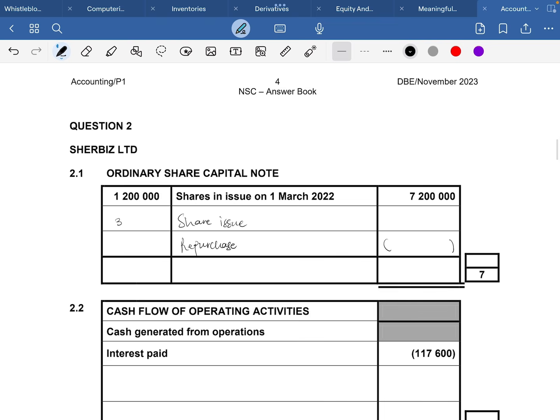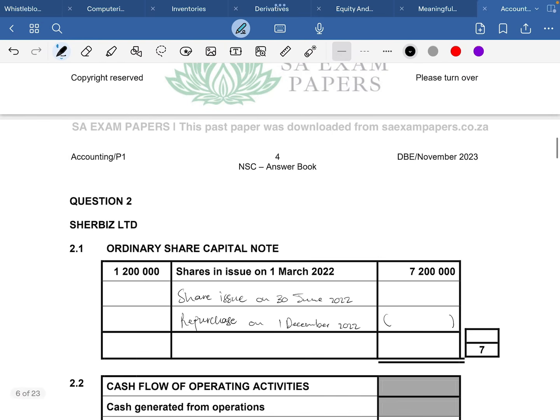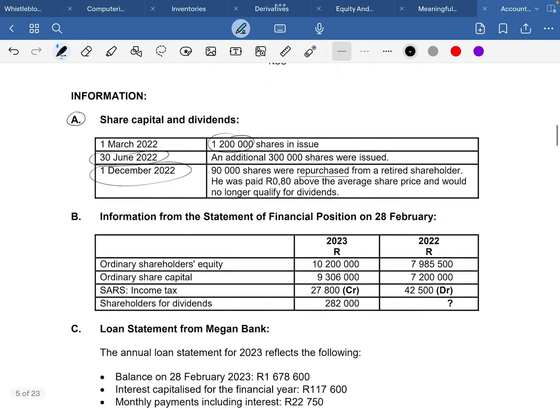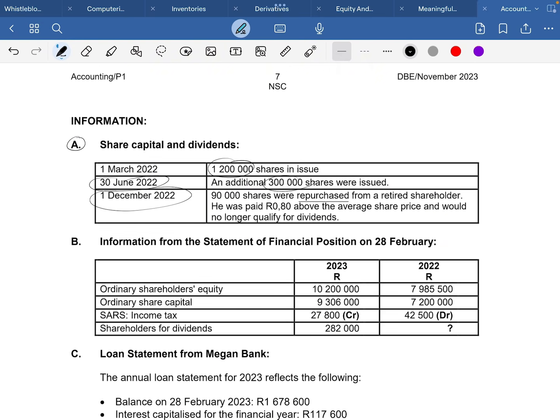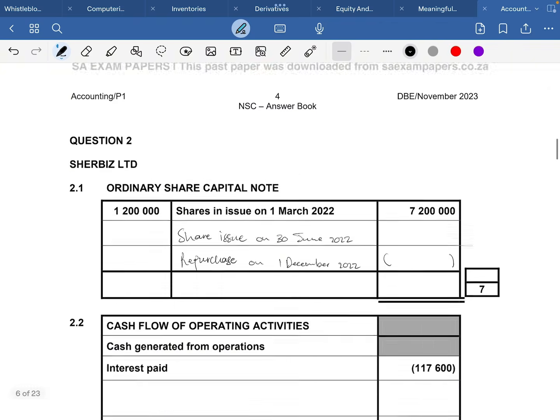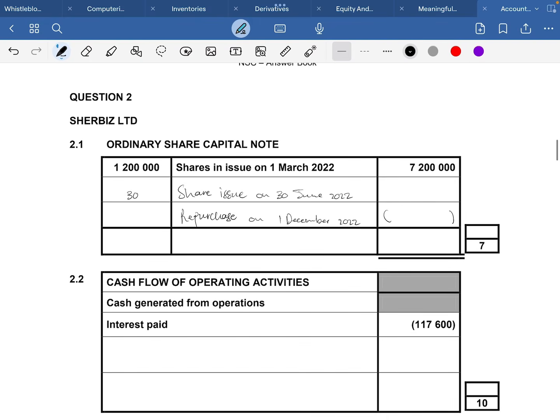So it's on 30 June 2022 and then on 1 December 2022. Right, so the share issue, it says an additional 300,000 shares were issued, so we fill in 300,000, and then a repurchase, of course it's a minus there.